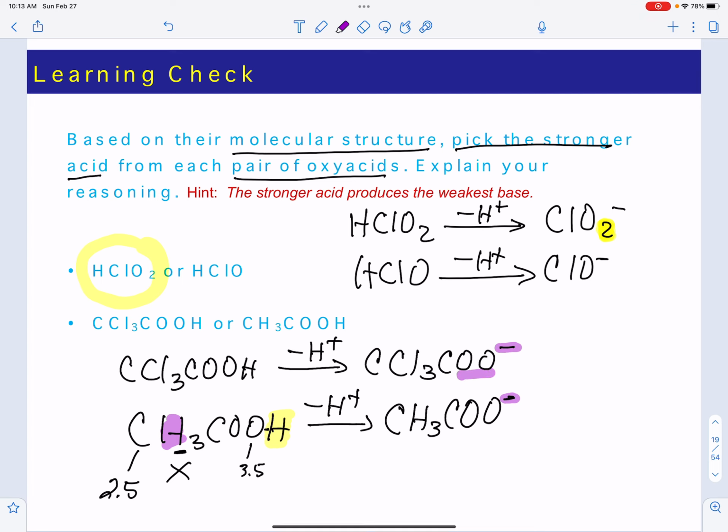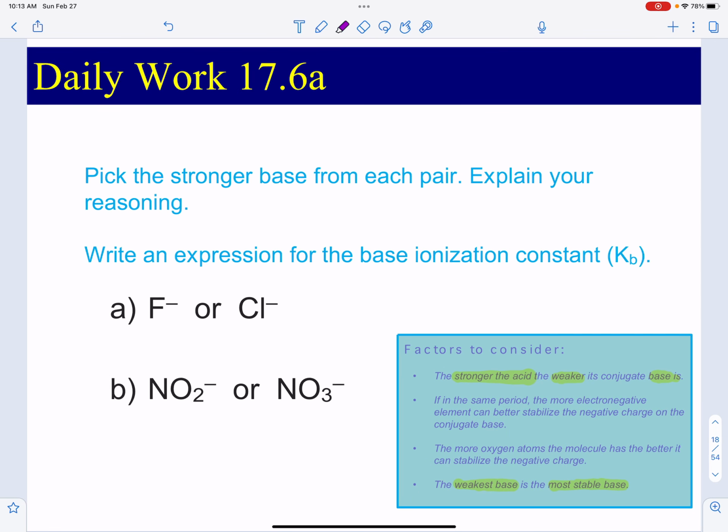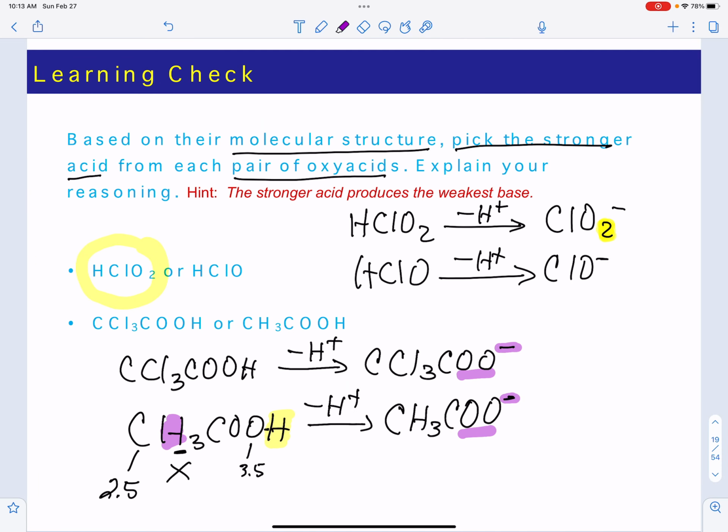There are two oxygens, so that doesn't help either. So do I have anything else in here? Number of oxygens, electronegativity, I cannot use either of those. I'm trying to find the weakest base by finding the most stable, because the most stable will give me the stronger conjugate acid. So far I am nowhere.